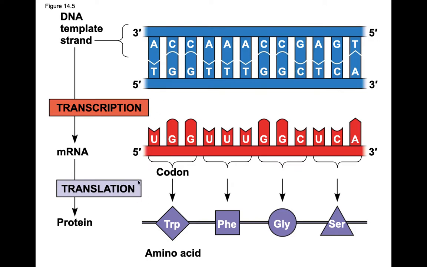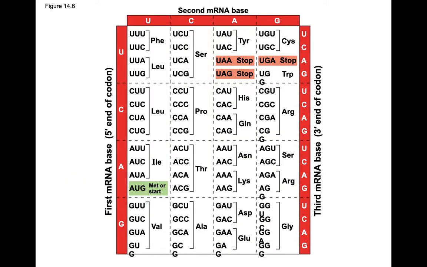And then we do translation, where we read every 3 nucleotides as a codon, which codes for an amino acid. There are only 20 amino acids within the human body, but there are 64 different possibilities in terms of codon organization, because there are 4 possibilities in the first, second, and third nucleotides. 4 to the third power is 64.